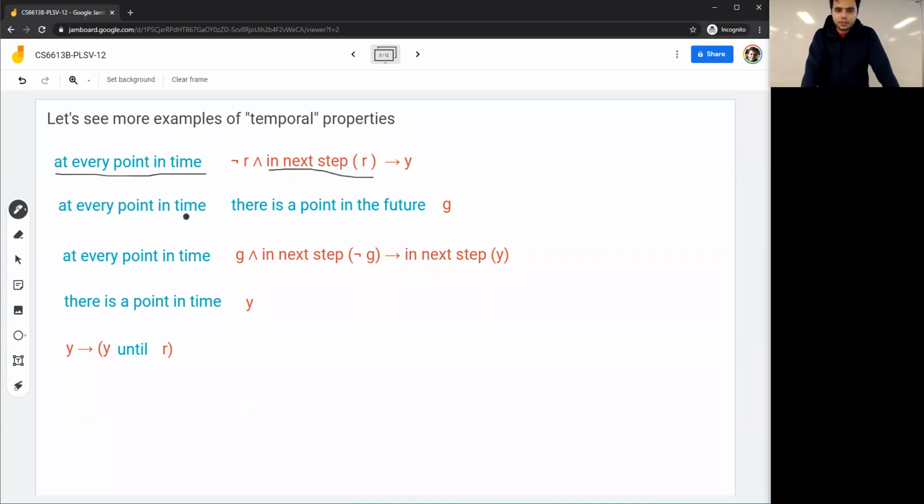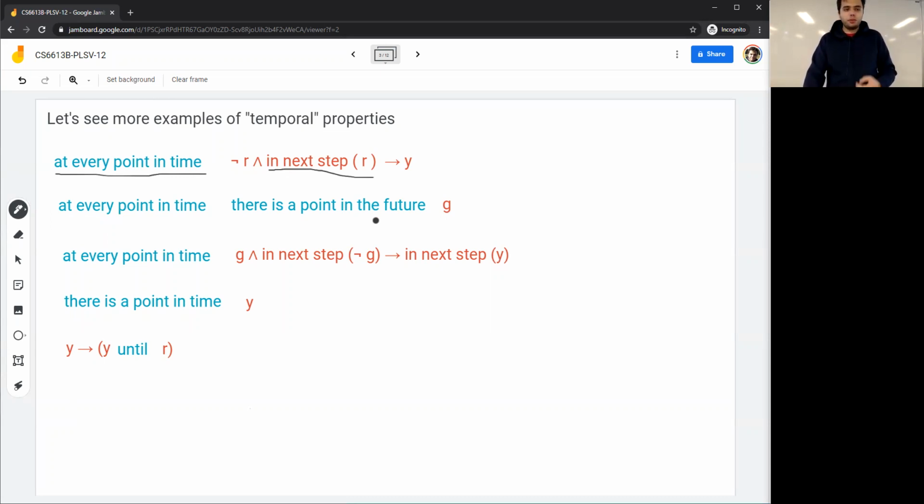Or here's another one. Let's say that you're a car approaching this traffic light and you want to be sure that you can actually pass it. In order for you to be able to pass it, this is the property that should hold. This is usually called liveness. At every point in time, there should be some other point in the future such that the light is green at that point.